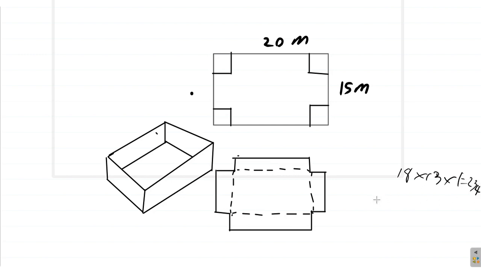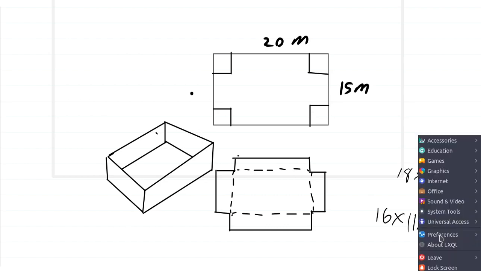But suppose you cut off 2 meters from each side. It's going to be 2 from the left, 2 from the right. That's a total of 4, leaving 16 wide. Times 2 from the top, 2 from the bottom. That's a total of 4, leaving 11. Well, 16 long, 11 wide, and how much high? 2, because the corner would be 2.